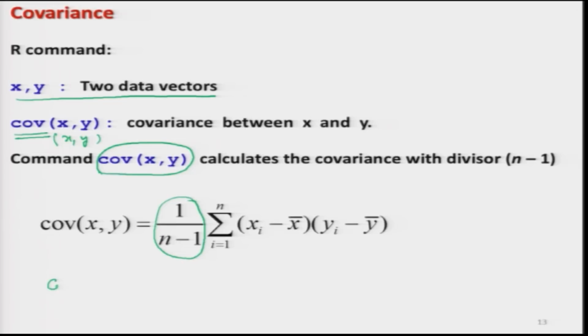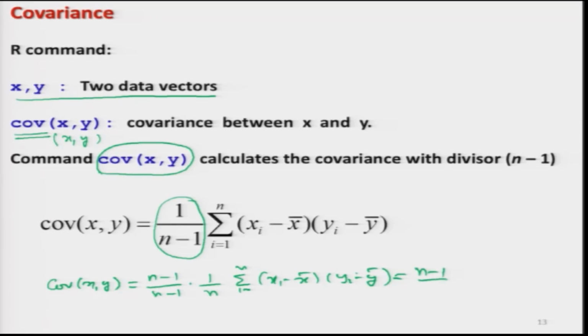So, if you want the covariance between x and y with divisor n, you need to multiply by n minus 1 and divide by n, so it becomes n minus 1 upon n times cov of x and y, and this is the R command.